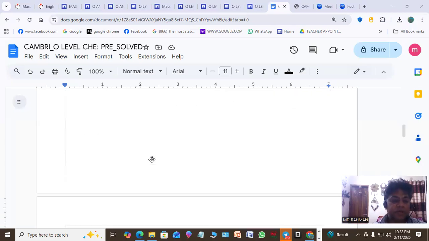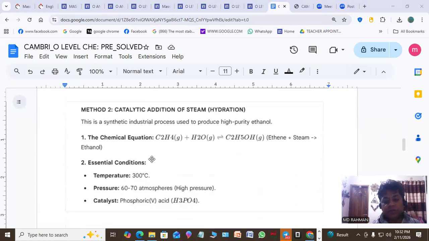These are the 4 parameters. And in case of method 2, 30 degrees centigrade and 60 to 70 atmosphere pressure. Then the question is solved. If you are able to memorize this information, question may ask you anything, but you will be able to answer. Just 6 parameters: 4 for method 1 and 2 for method 2.